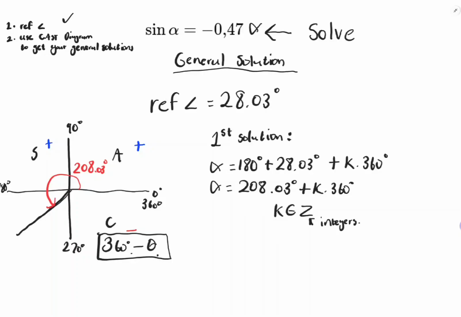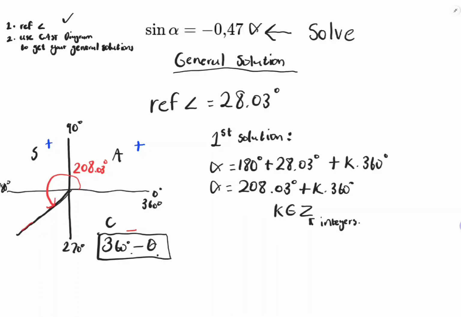And this k means that it doesn't matter how many times you revolve, as long as you revolve in 360 degrees. You can revolve 10 times, and you're still going to get back to this same point. That's what it means.